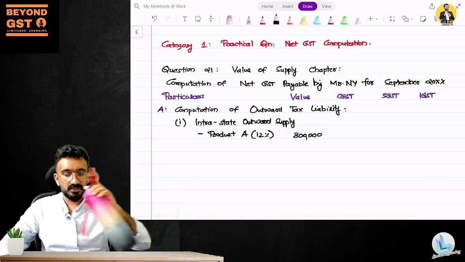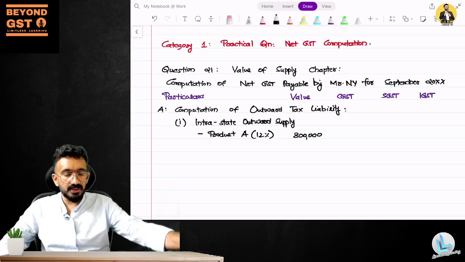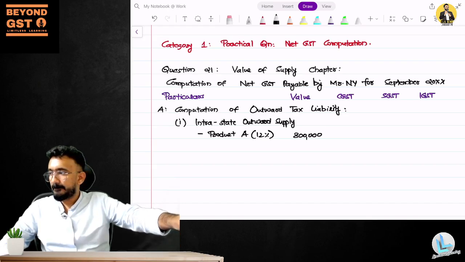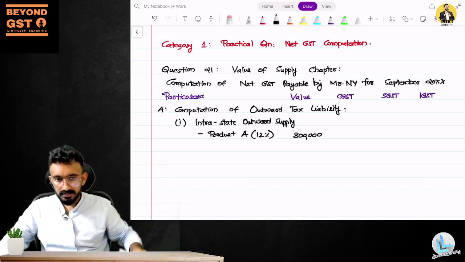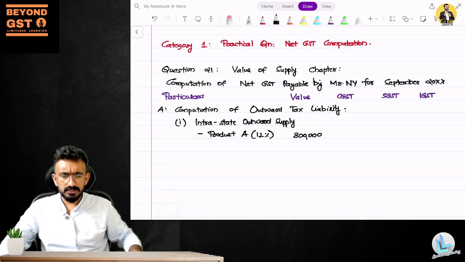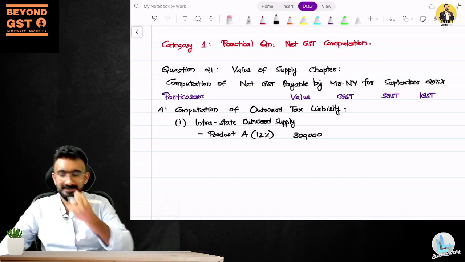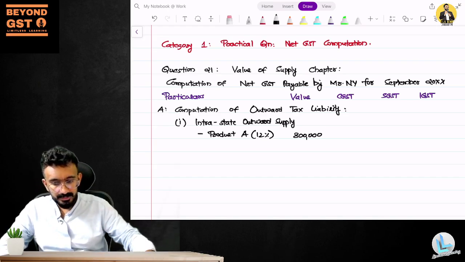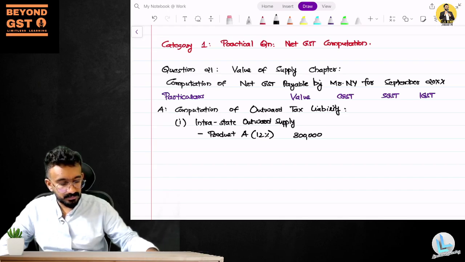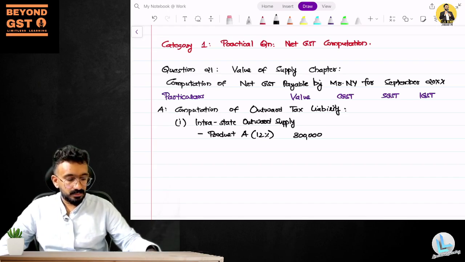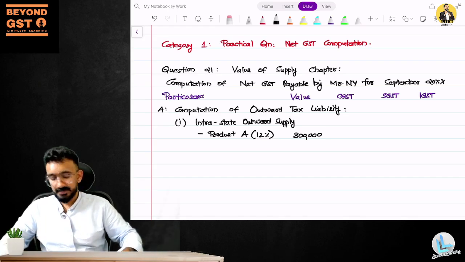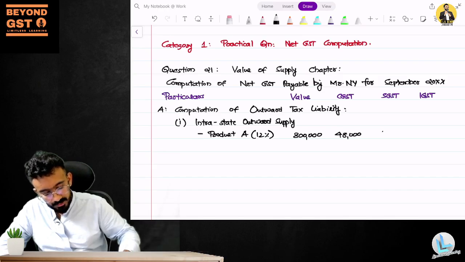Compute and tell me. 48,000 and 48,000. You have to work it out with me. I'm not going to do the computation, you do it for me.